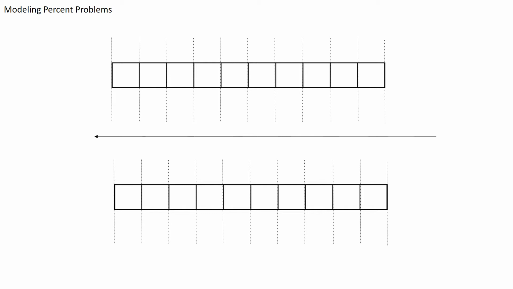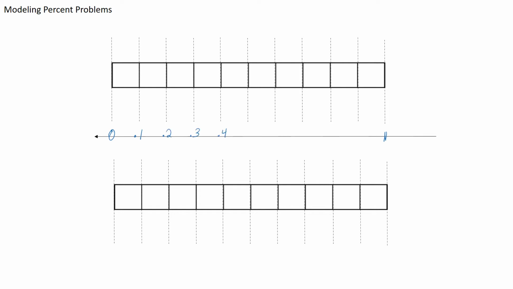So suppose I had a number line here, and this is 0, and this is 1. I know when I divide this up into 10 pieces, each piece is a tenth.